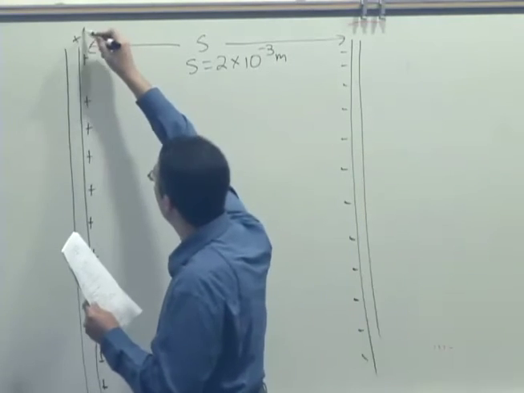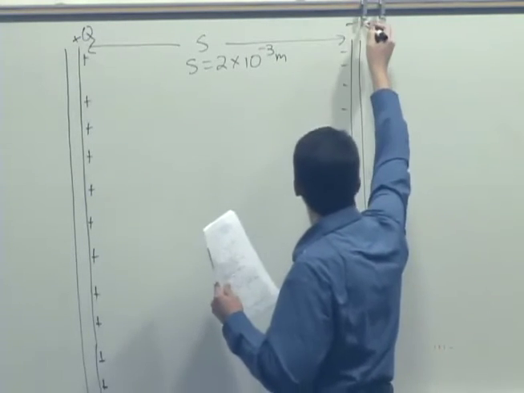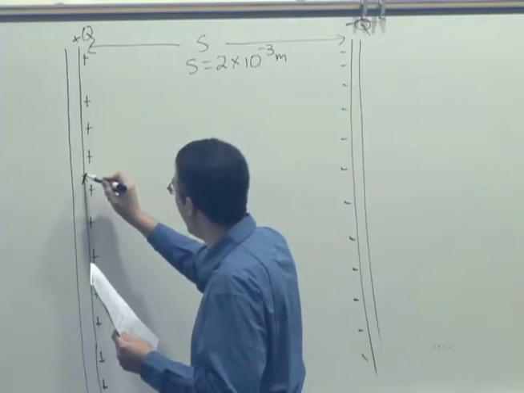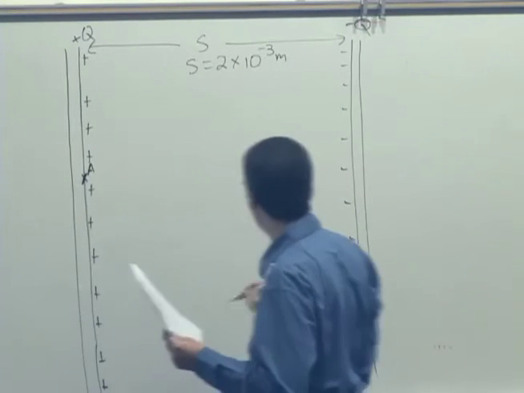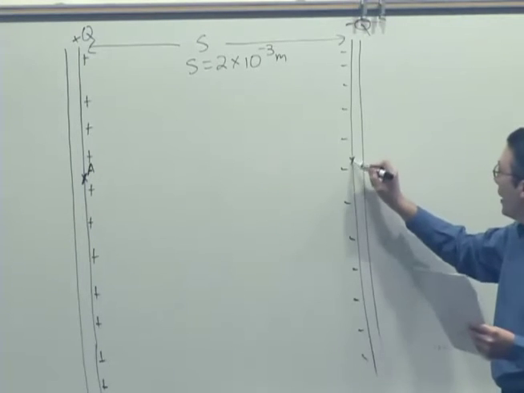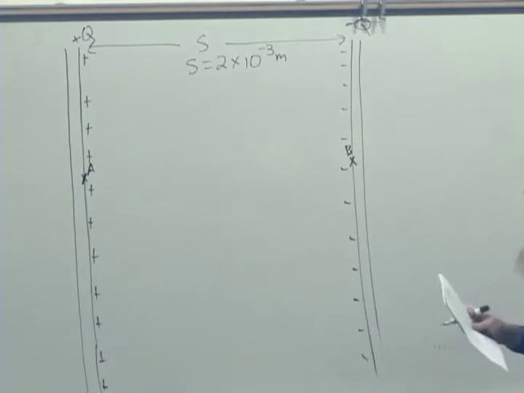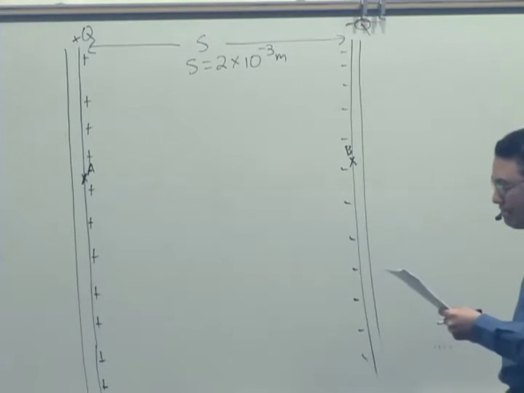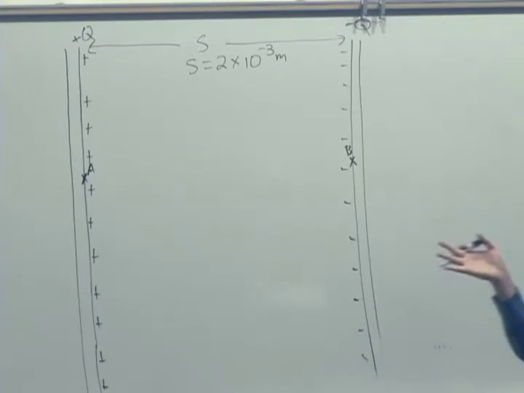It's a charge plus Q and a charge minus Q, and let's say location A is right on the edge of the positive plate, and location B is exactly opposite to it on the negative plate. And what do we know about the field inside a capacitor?